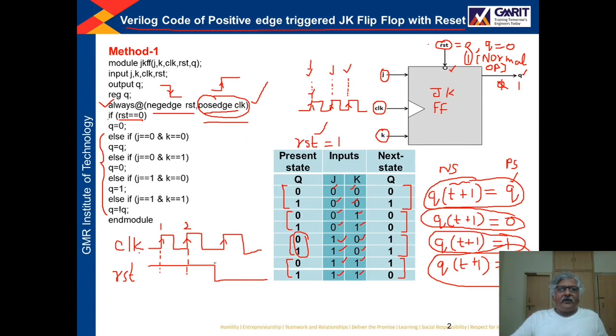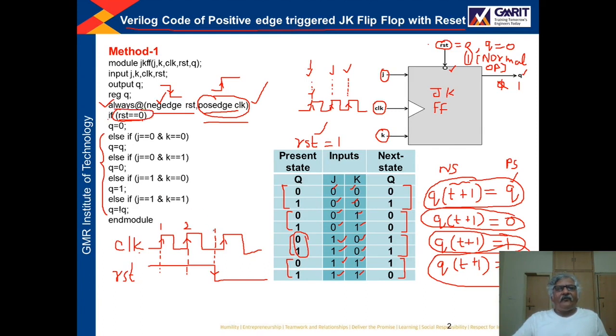Now you see at this time there is no positive edge on the clock, but the RST signal is going from high to low. So at this particular time a negative edge is detected on RST. Now since a negative edge is detected on RST, due to negedge RST, the always block is activated. And once it is activated, the condition if RST is equal to 0 will be evaluated.